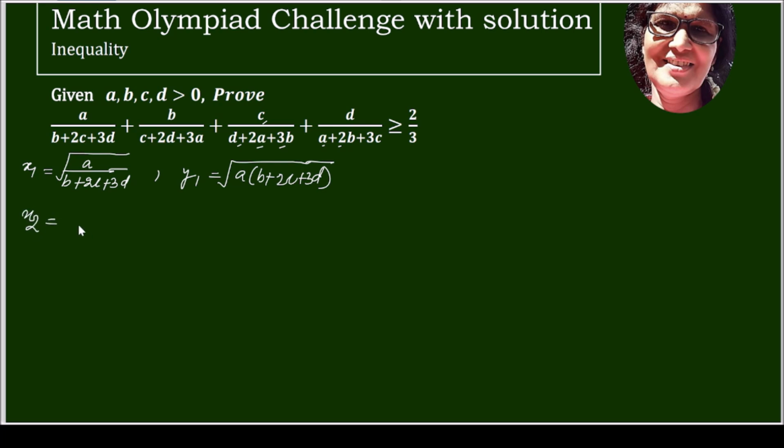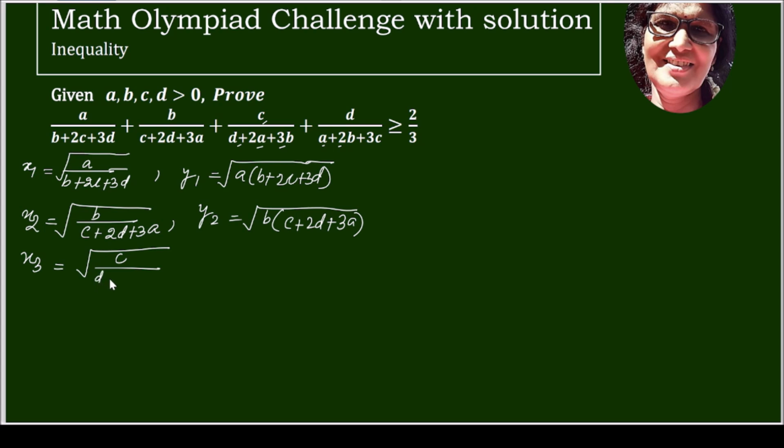Similarly, x2 equals the square root of B over C plus 2D plus 3 times A, and y2 equals the square root of B multiplied by C plus 2D plus 3 times A. x3 equals the square root of C over D plus twice A plus 3 times B, y3 equals the square root of C multiplied by D plus twice A plus 3 times B.